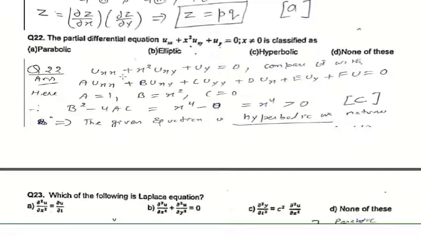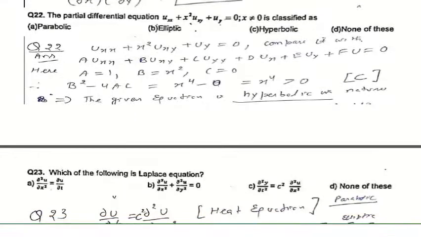So here you have uxx, x square uxy, uy is equal to 0, and you have to compare it with auxx, buxy, and cuyy. So coefficient of uxx is a, xy is b, and yy is c. So there is no yy, so c is 0. To classify, we have a formula b square minus 4ac. So b square is x4 minus 0. Even power is always positive, so its nature is hyperbolic. C is the correct option.